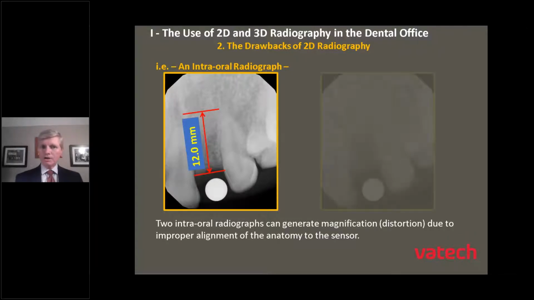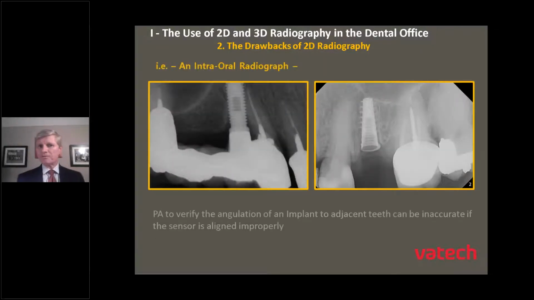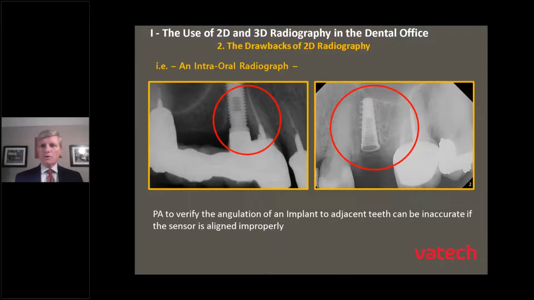However, if they don't adhere to the two basic principles of alignment, where maybe the sensor is not aligned properly, you could get a foreshortening, and you get a false positive, so to speak, as far as how much bone you have to work with when treatment planning for an implant.